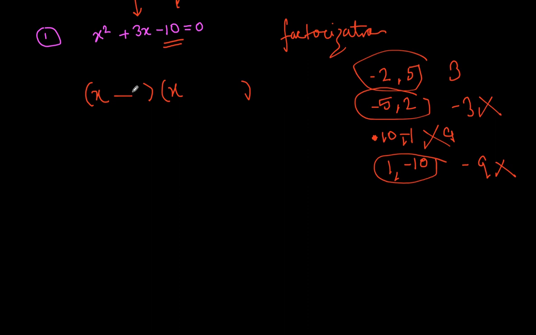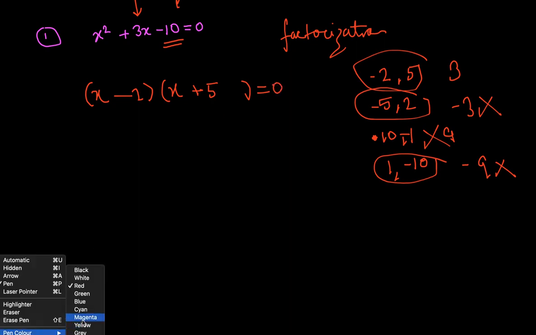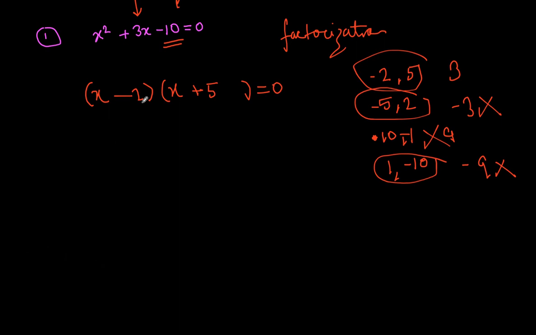So I can write (x minus 2)(x plus 5), and that will be equal to 0. What does it mean here? We have now factorized this into 2 brackets, both in multiplication, and we are getting 0.